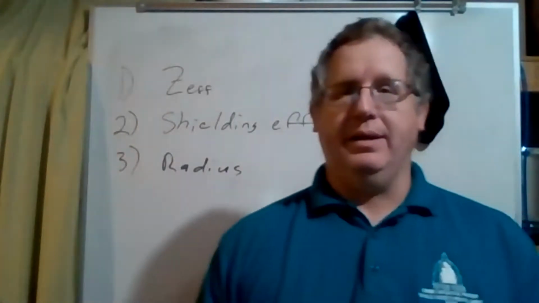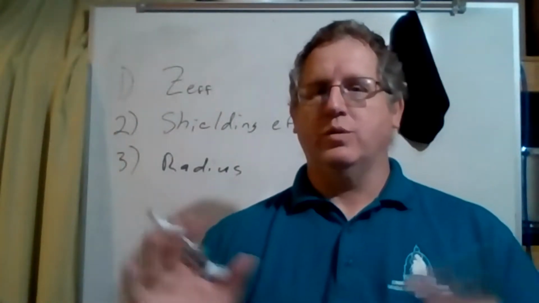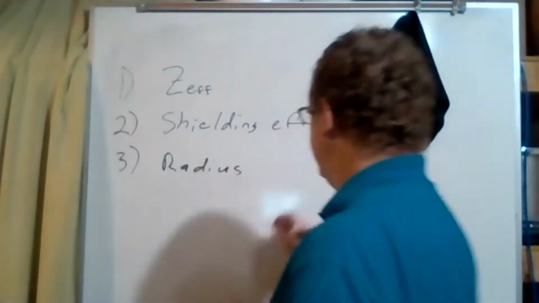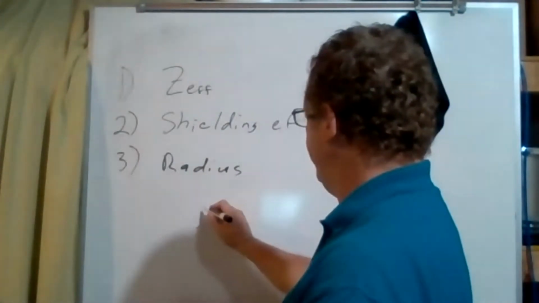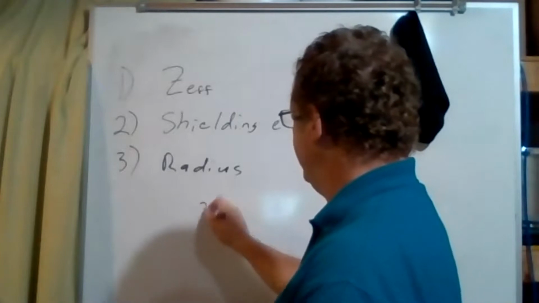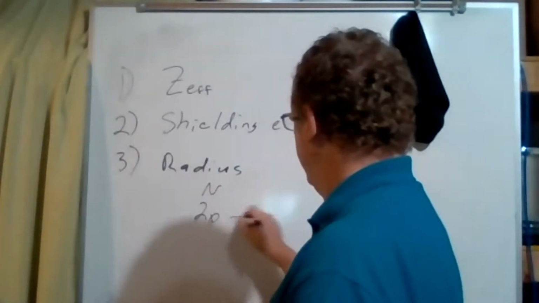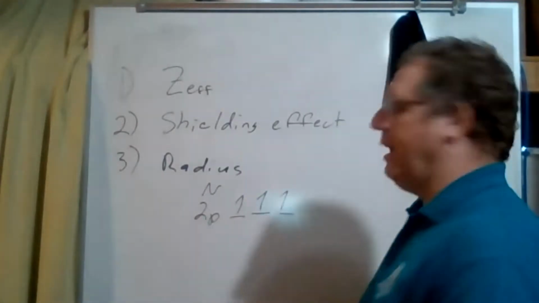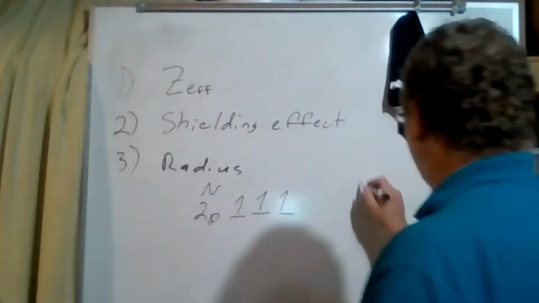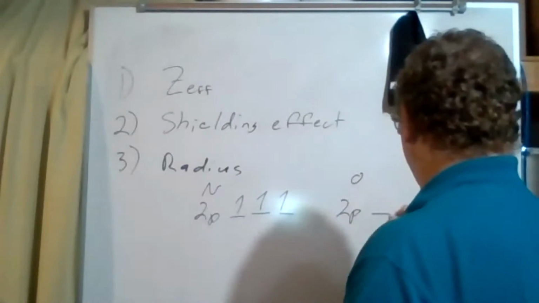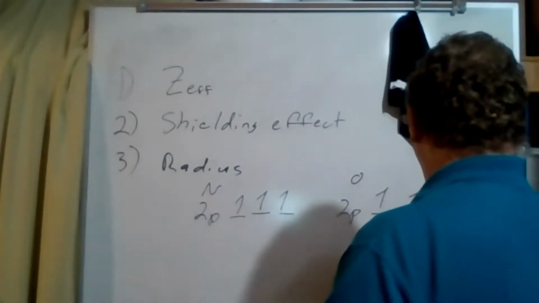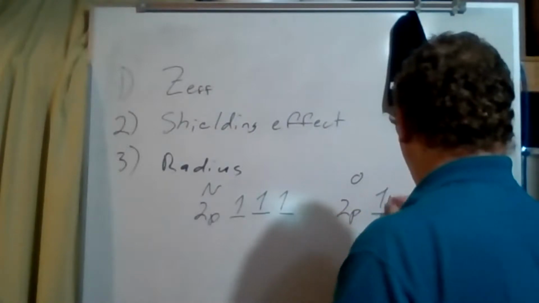And then finally, there's one other factor that has an effect. And this one we can see if we look at nitrogen and oxygen. So if I look at nitrogen in the 2p orbital, I have 3 electrons. For oxygen in the 2p orbital, I have 4 electrons.